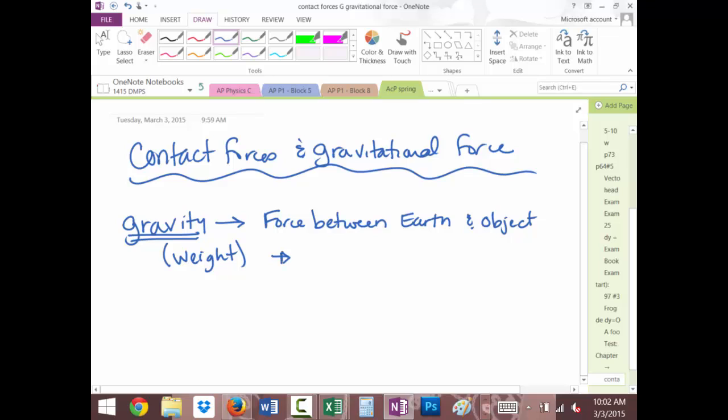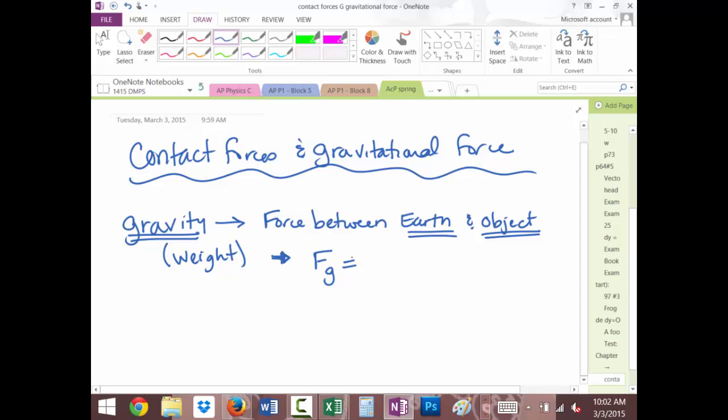We can calculate the force of gravity. So it's the force of the Earth on something, but we can write it as F sub g. But it's always going to be a force between the Earth and some object. Does anybody know how we calculate the force of gravity that's acting on the frog or on you or on the bowling ball or anything?